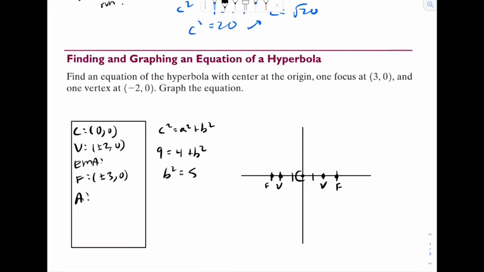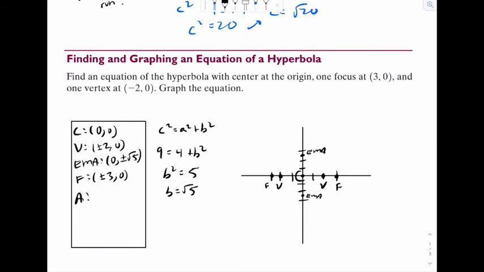So B squared must be 5. So B is the root of 5. So that tells me my EMA is going to be root 5. So let's go 1, 2, and a little bit. And I can fill that in now. 0 plus minus root 5.